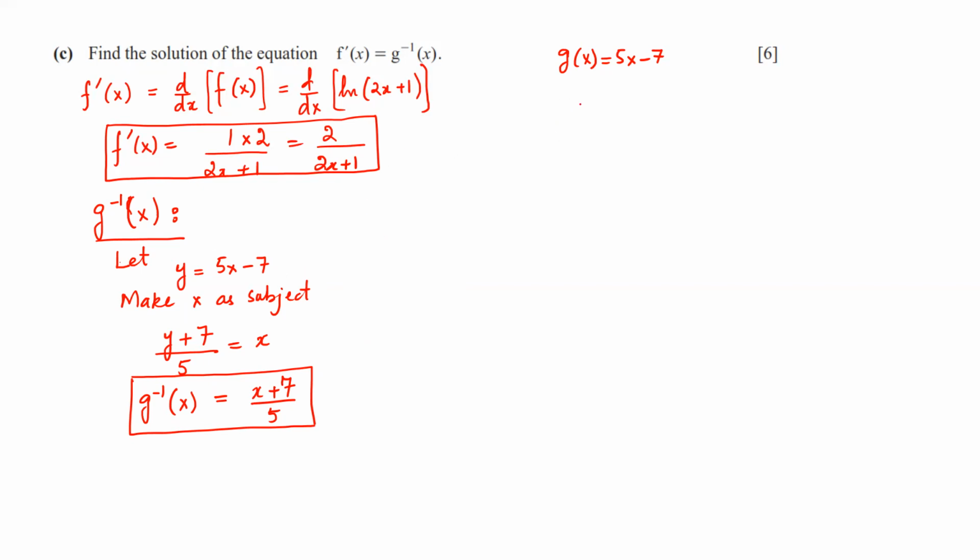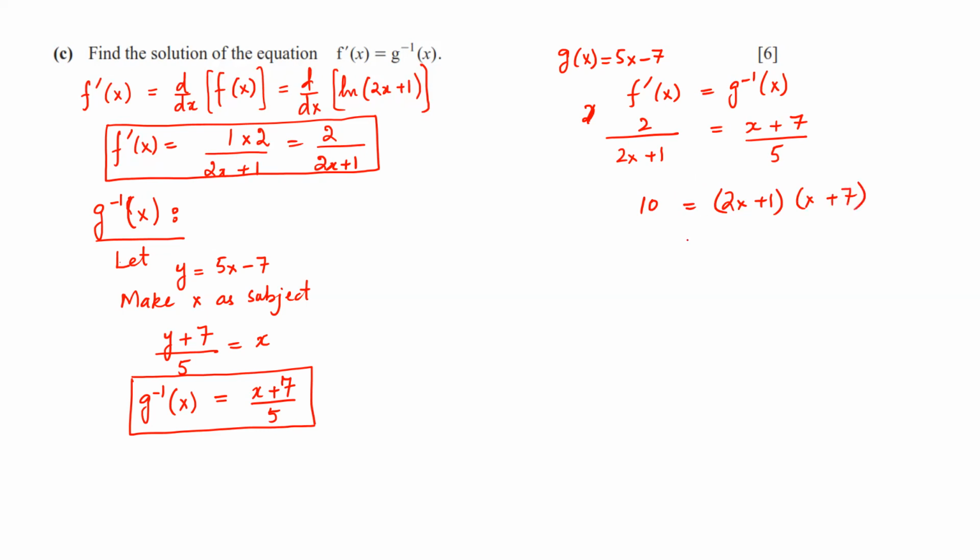So what are we given? We are given that f first derivative of x is equal to G inverse of x. So we are going to derive 2x plus 1 is equal to (x plus 7) divided by 5. Solving this, we get 10 equals (2x plus 1) multiplied by (x plus 7).